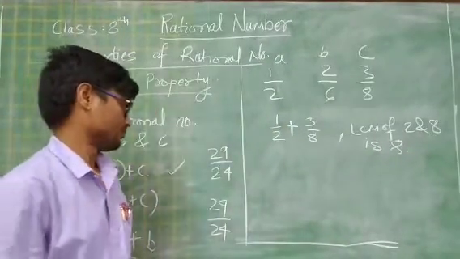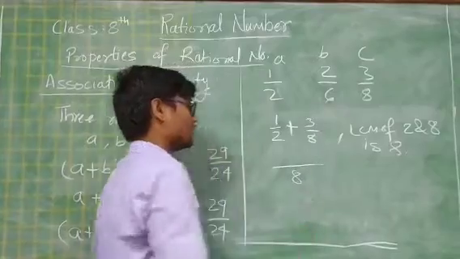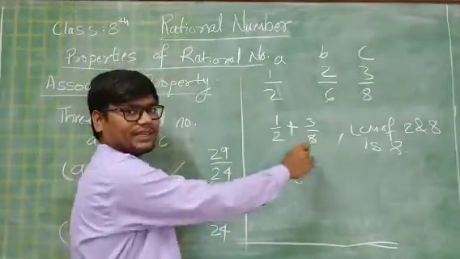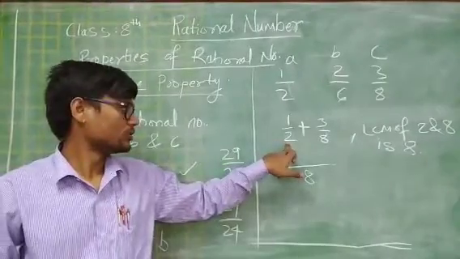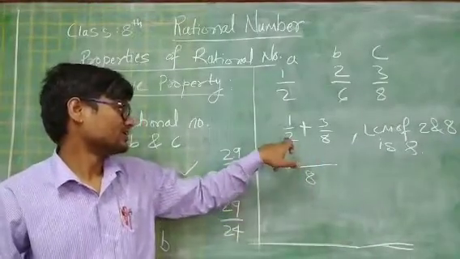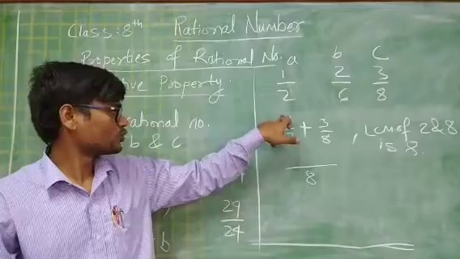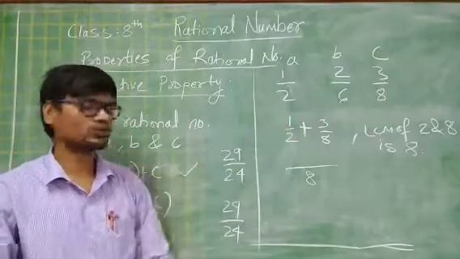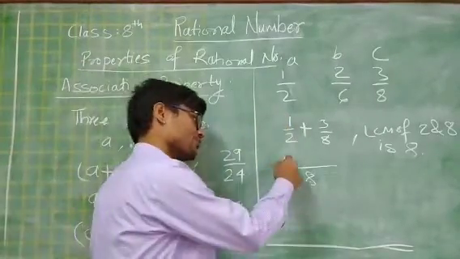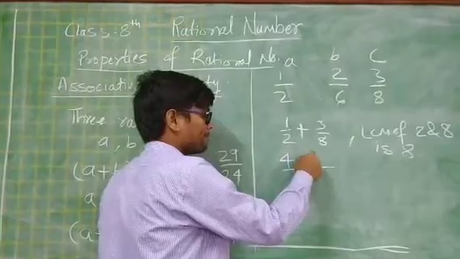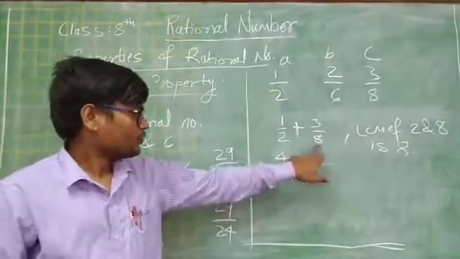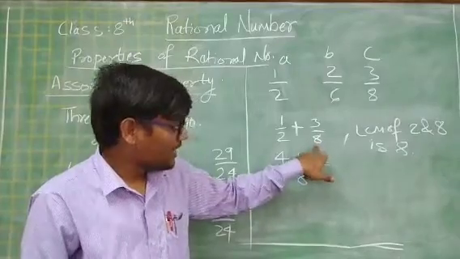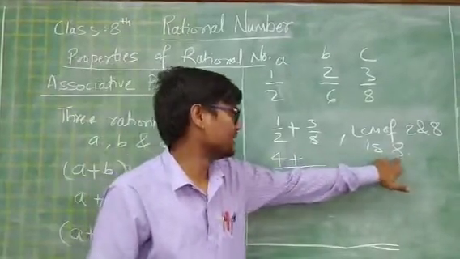So to make this 2 as 8, we will multiply 2 with 4. 2 fours are 8. Since we are multiplying 2 with 4, we should multiply 1 also with 4. So 1 into 4 is 4. Plus, we should multiply 8 with 1 to get 8.